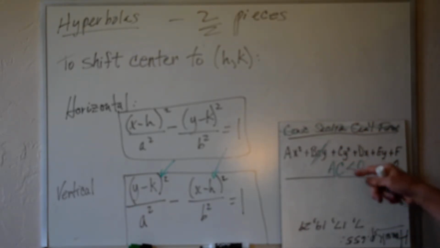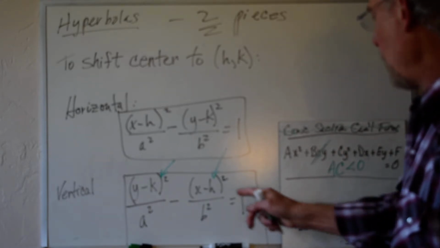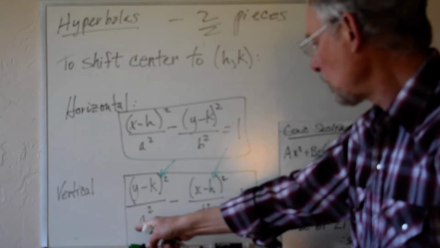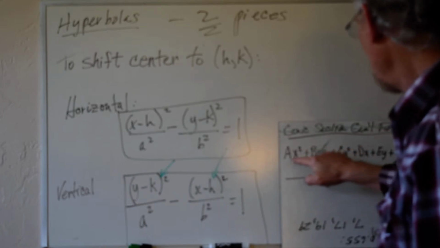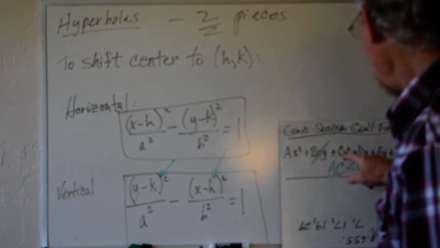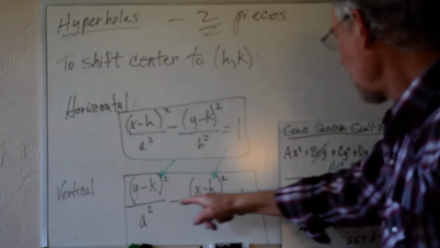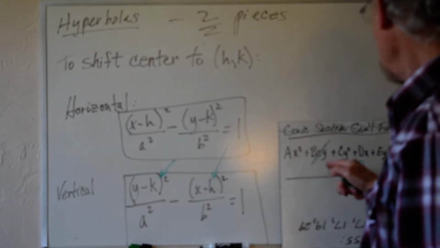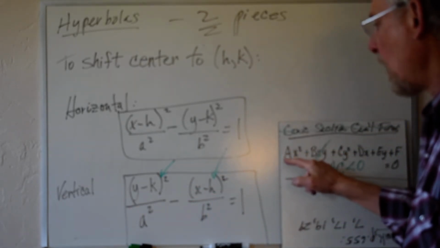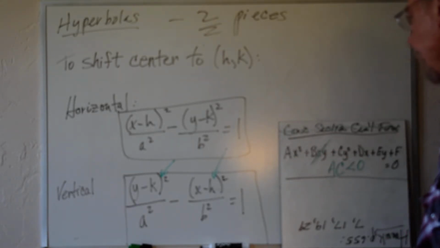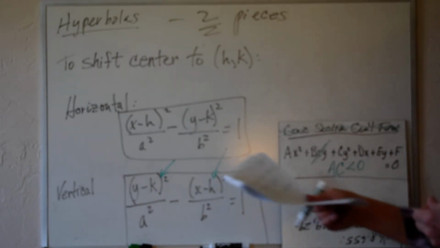And as we saw a little earlier, a clever way of saying that is that A times C is less than 0. So if we were to multiply all this stuff out and then multiply each side by a squared, b squared like we did for the ellipse, you would end up with an x squared term and a y squared term, but the coefficients multiplying those terms, one would be positive, one would be negative. In this case, it's the x squared that would be negative and the y squared would be positive.